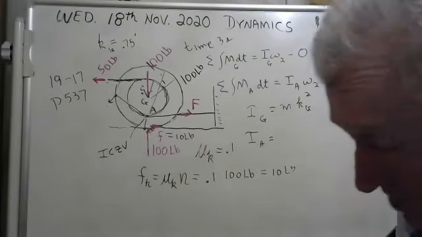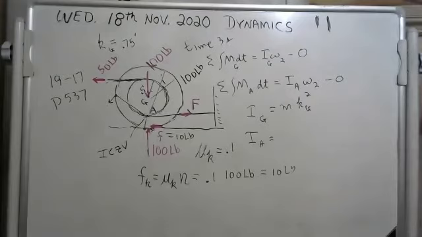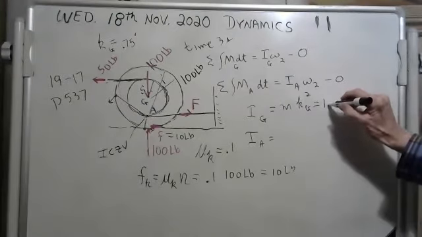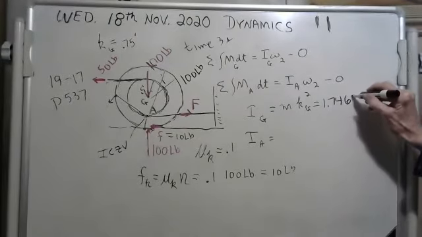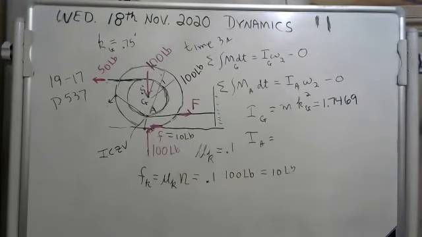Hey, as long as I got Ashley on there, what'd you get for this moment of inertia about G, Ashley? 1.74689. That's what I got. I'll just round it off. Now, Ashley, what are the units? Is it slug feet squared?